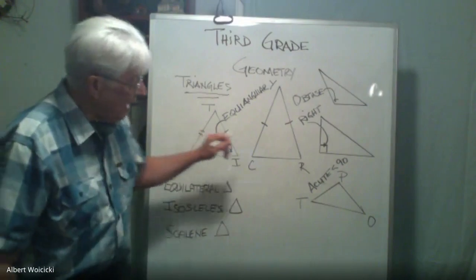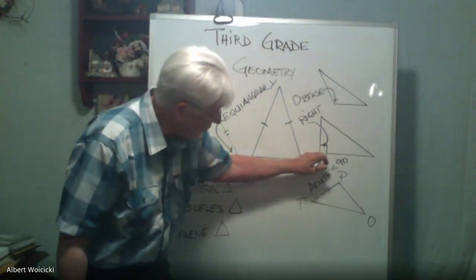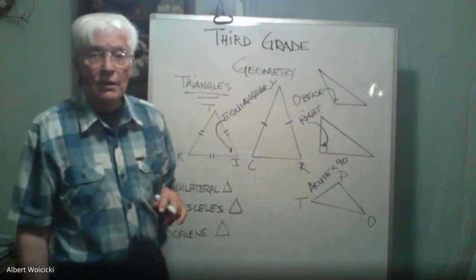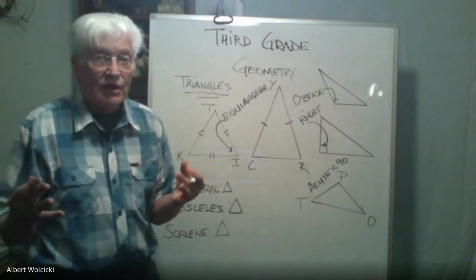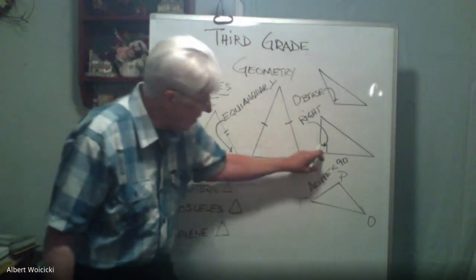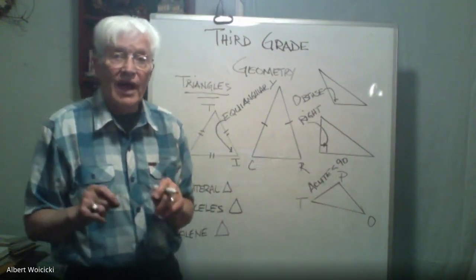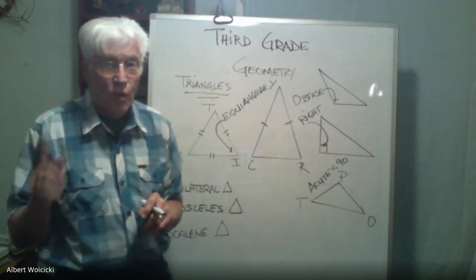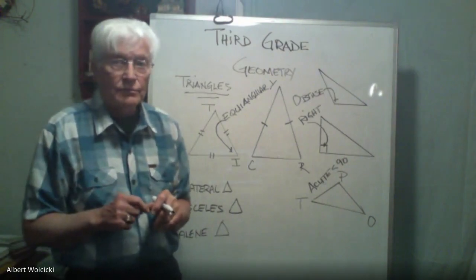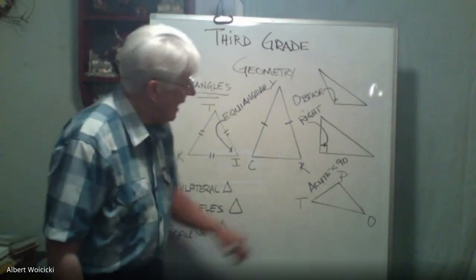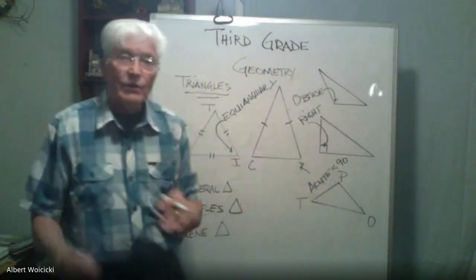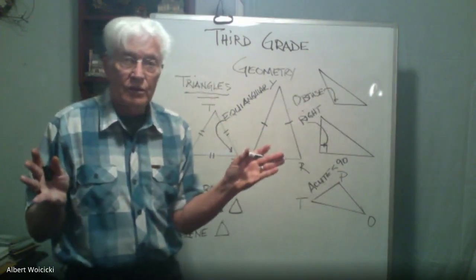Now, another type of naming would be a right triangle. One that's commonly known, and it's there when one of the angles, just one of the angles, is a right angle. It has one right angle. And now, what if one of our angles is bigger than 90 degrees?